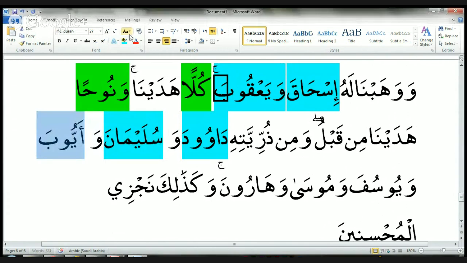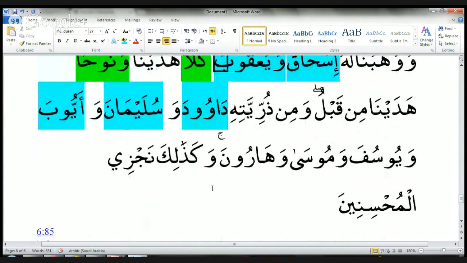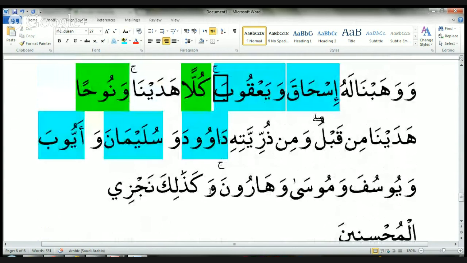How do you know? Very good. See, the point of the class is for you to think and be able to come to the reason why it is. Because it's non-Arab. And how do we know it's non-Arab? Because we said there's only 4 Arab prophets. So by default, everyone else is what? Non-Arab.